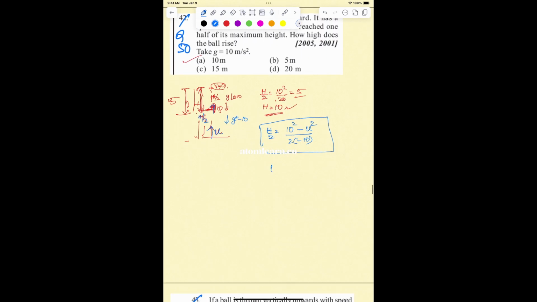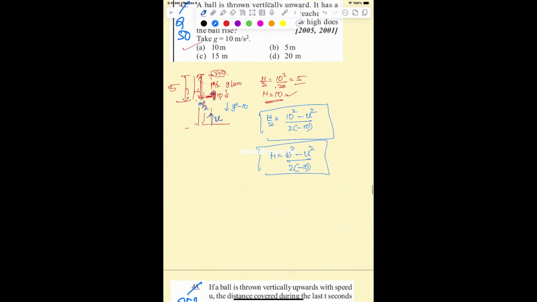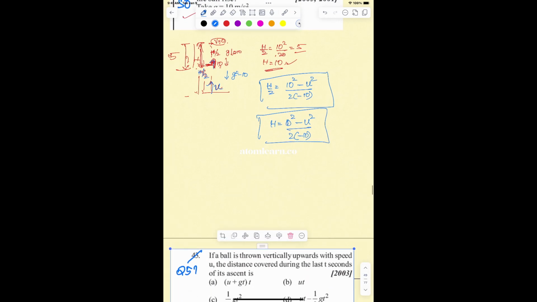Then the second equation, the same thing, you can write h equal to 0 squared, the final, minus u squared, into 2 into g. Therefore this is the second equation. From here and here you can use it, because we divide this and this, or rather multiply this by 2.